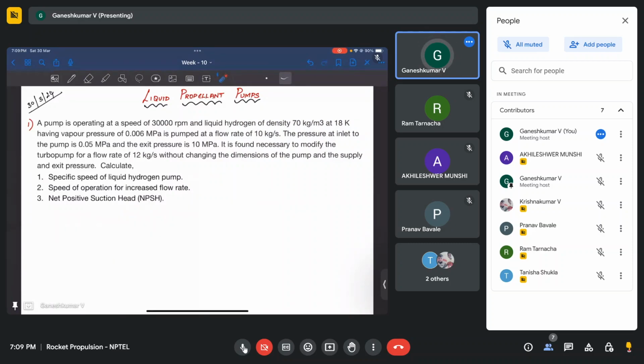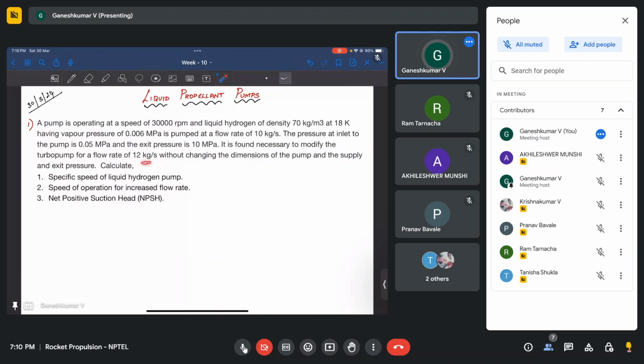They may need to increase the thrust. So increasing flow rate means increasing thrust, which is required for a particular mission. So without changing the dimensions of the pump and supply and exit pressure, basically they don't want to change the whole rocket system. So without changing that, I want to modify the flow rate.